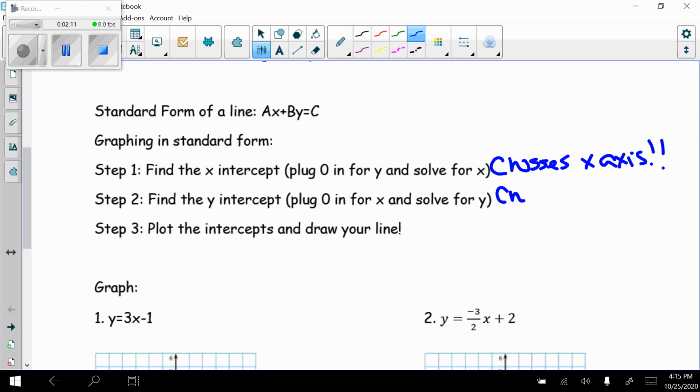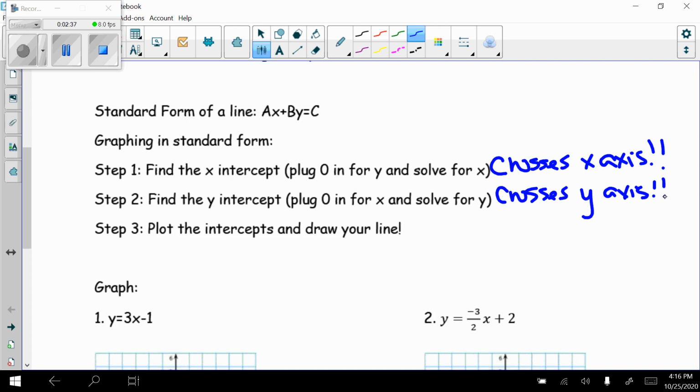This is where it crosses the y-axis. And again, if it's crossing the y-axis, your x is 0. So in order to find the y-intercept, you plug 0 into your equation for x, and you solve for your y. Step number 3, you plot those two intercepts and draw your line connecting them.